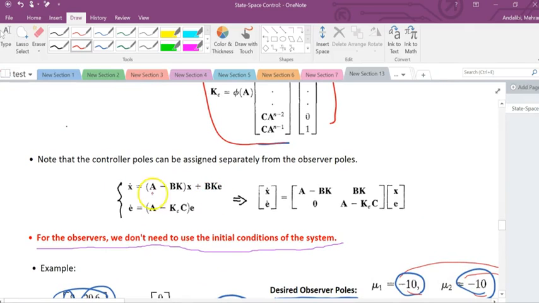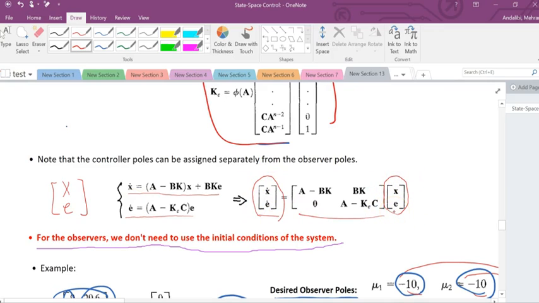This is back to the full state observer, but if I rewrite my system dynamics equations with the controller, which is A minus BK times X plus BKE, and my estimation error dynamics, which is E dot was A minus KECE, if I combine X and E into one vector, and if I write these two first order ODEs in a matrix format, then the derivatives will be this matrix times what?